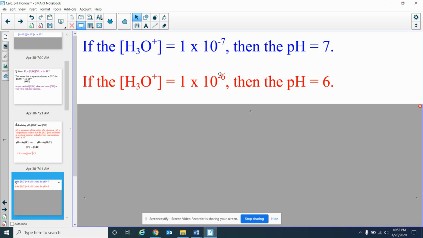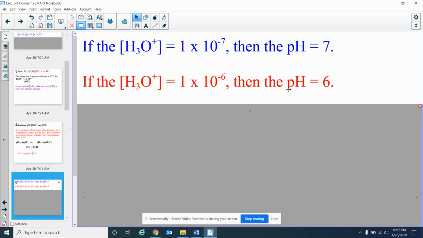So notice that 1 times 10 to the minus 6 is 10 times bigger than 1 times 10 to the minus 7th, but the pH goes down by 1 unit. So a difference of 10 times in the H3O plus concentration makes a difference of 1 for the pH.